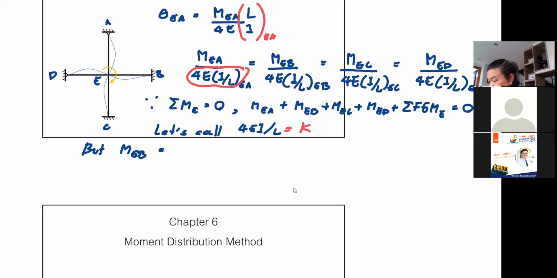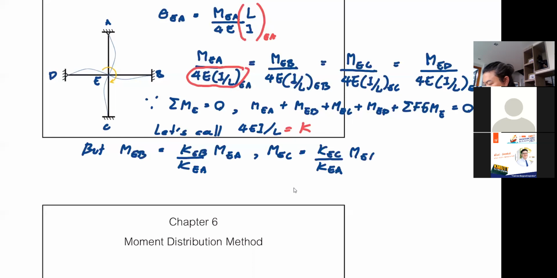So MEB, I can write it as KEB over KEA multiplied by MEA. And likewise, MEC would become KEC over KEA times MEA.